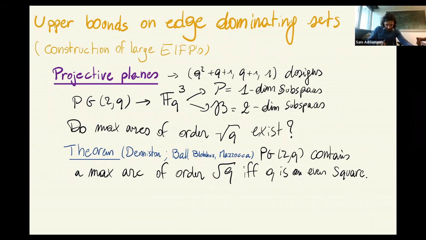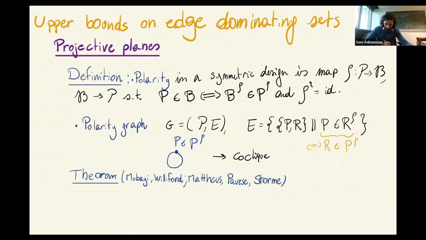And so what they proved is that the maximum size of a co-clique in your incidence graph is always of the order a constant minus some lower order terms times Q square root Q, where this constant is at least 0.19 if Q is odd and non-square, and in the other cases the constant is a bit better.